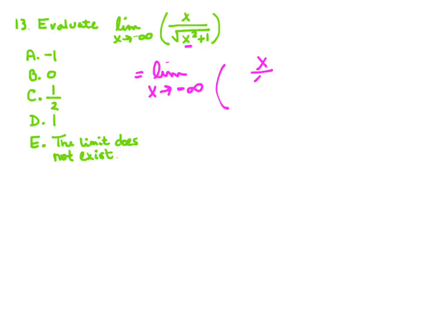And so I've got x over the square root of x squared over x squared, dividing by x squared down here because it's under the square root, plus 1 over x squared.